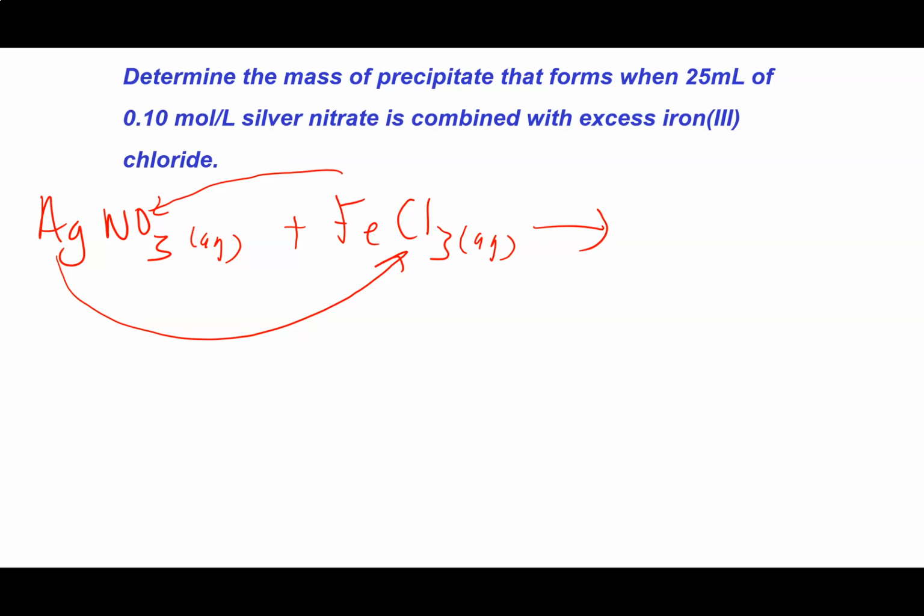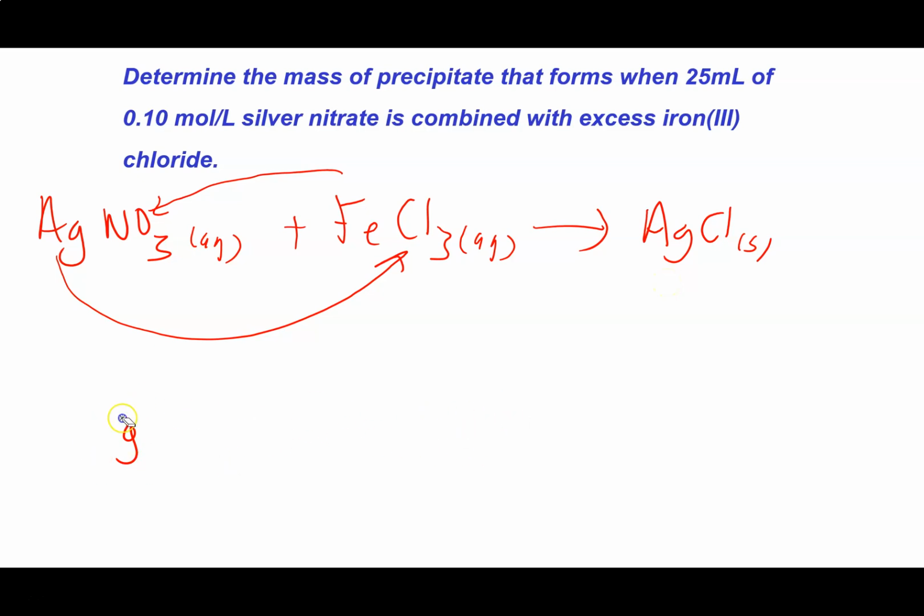Nitrates are normally soluble, and Fe3+ is not an exception. And then chlorides are normally soluble, but silver is an exception. So silver is always +1, chloride is -1. They're going to combine 1 to 1. So I know that my solid is AgCl solid.